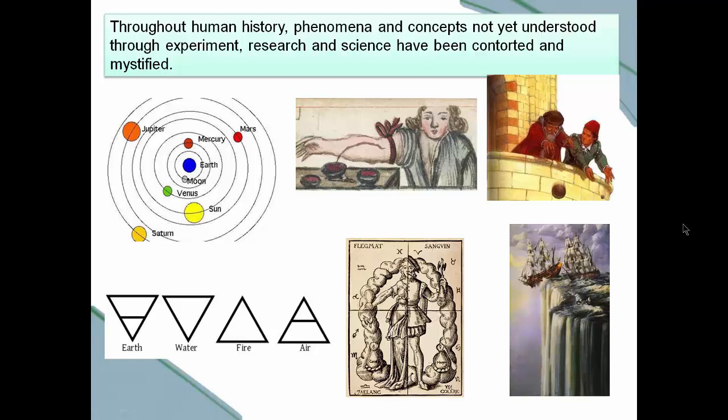Earth, water, fire, and air being the four elements of the Earth. And you can go to any periodic table and see that there are, in fact, 92 natural elements, and then beyond that, we've created quite a few elements of our own simply by smashing more protons and neutrons into a nucleus.